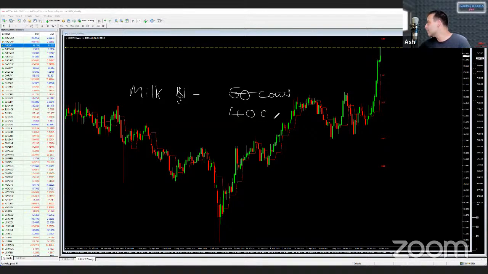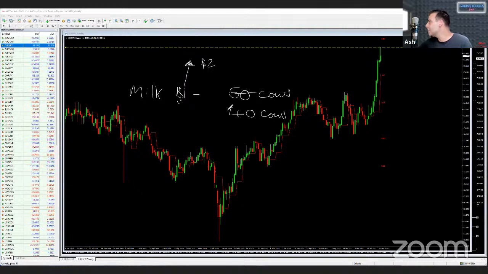Now, either these cows have to work harder, or more likely they produce less milk. If they produce less milk, the price of milk is going to go higher because the same amount of people want the milk, but there's less of it. So the price of milk goes to $2.